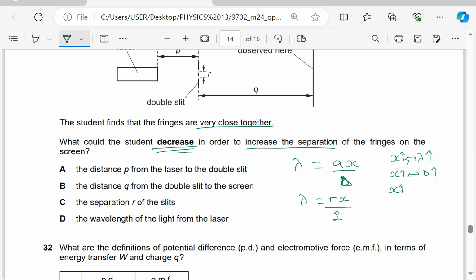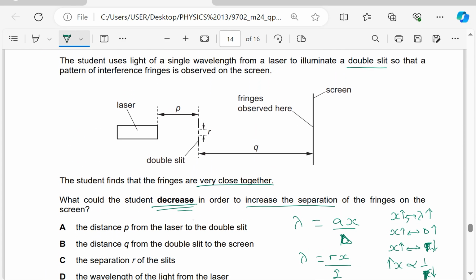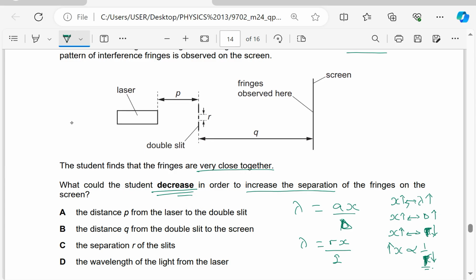X only increases if A decreases because X is inversely proportional to A. If we want X to increase, then we should decrease A. I'm using A instead of R, so let me write R here because R is the slit separation. If we want X to increase, then we must reduce R because they're inversely proportional. So question number 31, our answer is going to be C.